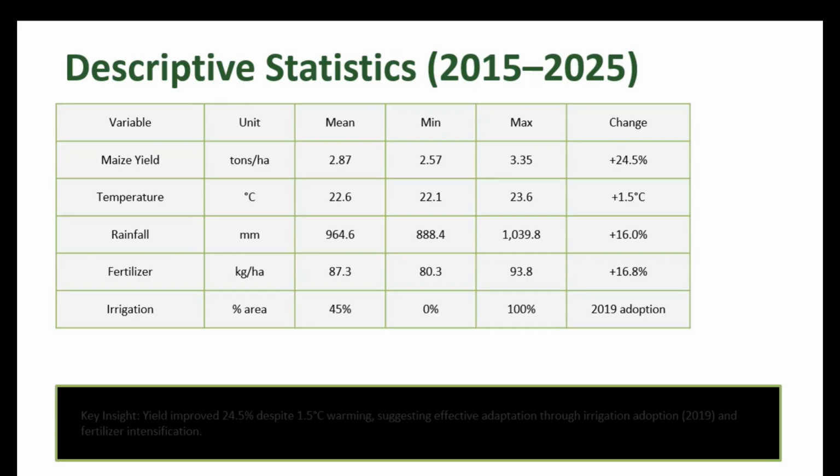That's good. And then it is giving us a yield on average in tons, a yield of how much per hectare? 2.8. 2.8 tons per hectare. Okay.